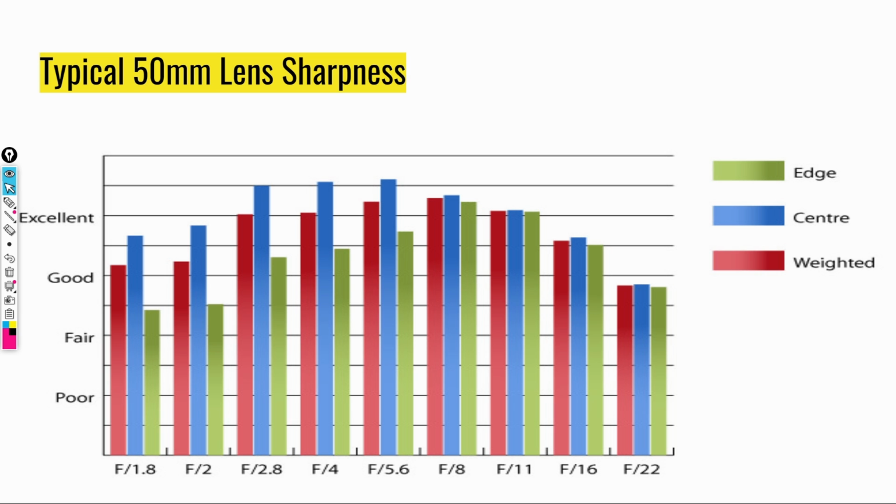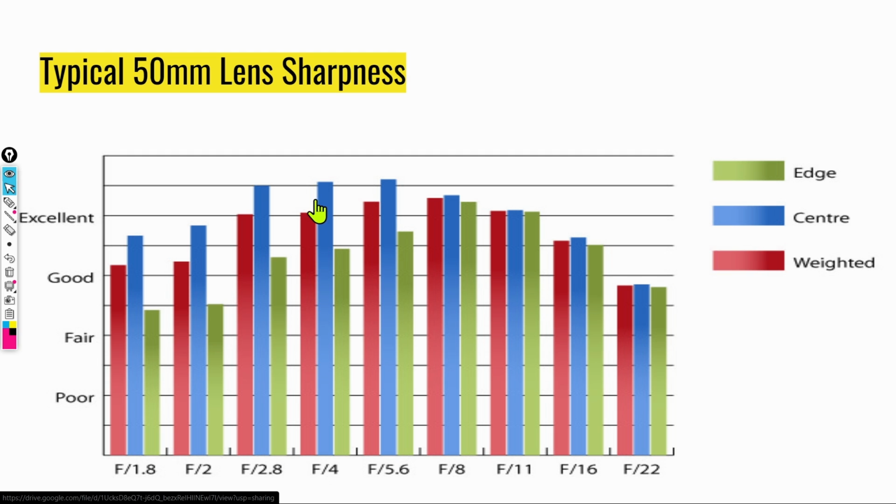Now I wanted to show you this chart because this is an example of a typical 50mm lens and the sharpness across the different aperture numbers. As you can see, wide open here at f1.8, the corners are very, very soft, which I showed you previously, and the center is pretty good, but it's not as good as, say, f4.